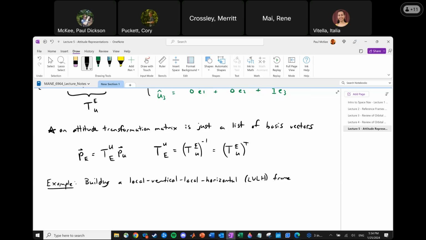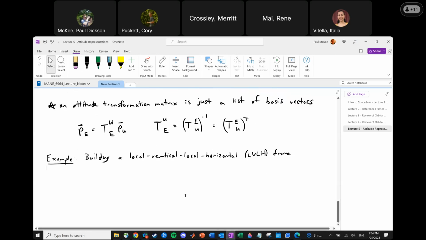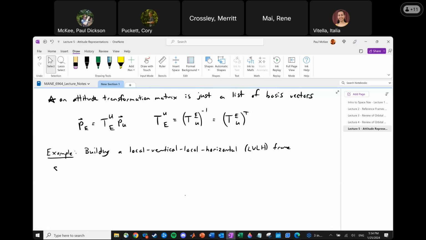So suppose a spacecraft is in low Martian orbit. And it has a sensor pointed along its z-axis.